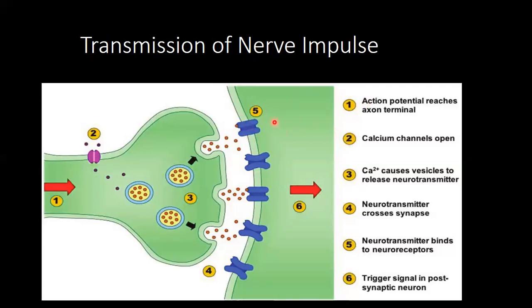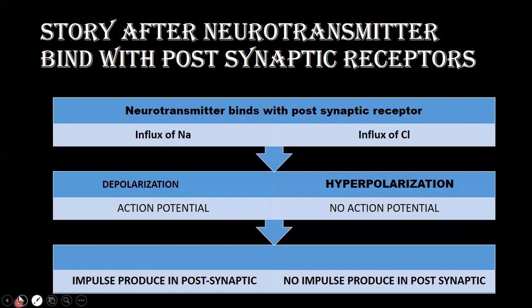You need to remember that sodium is concerned with the production of the impulse, and the influx of chloride does not produce any impulse because no action potential is generated due to hyperpolarization.